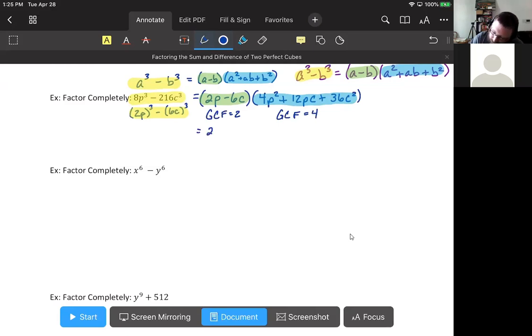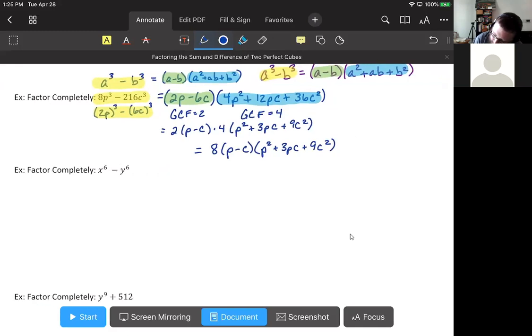So we'd be looking at 2 times p minus c, and over here 4 times p squared plus 3pc plus 9c squared, which gives us a final answer of 8 times p minus c times p squared plus 3pc plus 9c squared.